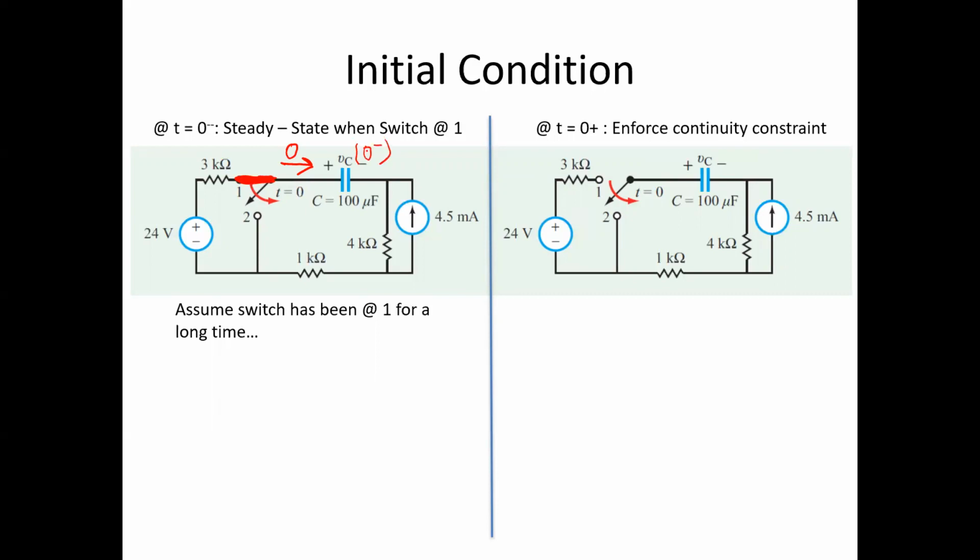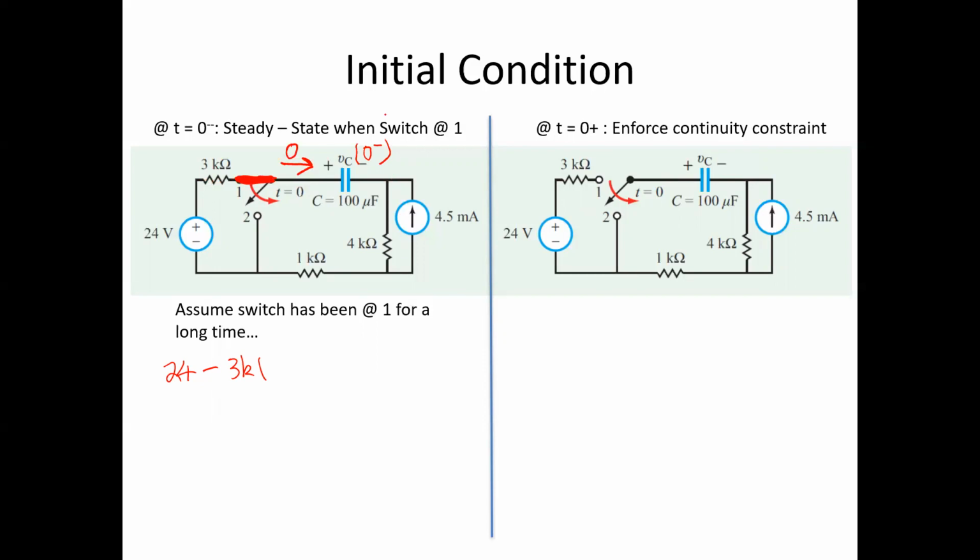And we can apply KVL, node voltage method, any method we want right now to analyze the circuit to find VC of 0 minus. So let's go ahead and at least set up the equations for how we would do that. First we can do a KVL around the outer loop. So we can write that 24 volts minus 3K times whatever current is passing through it. In this case, there's a common loop that we have.